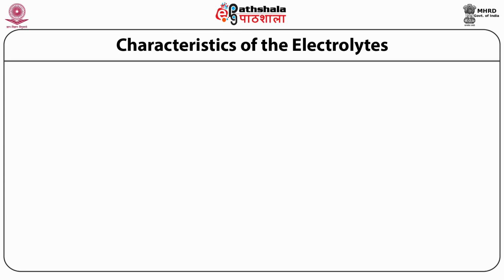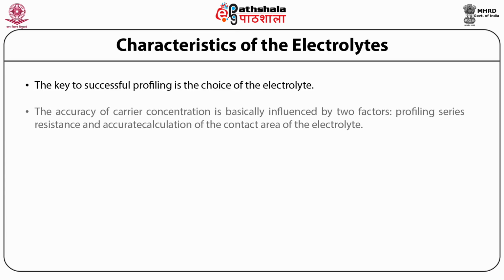Characteristics of electrolytes. Key to the successful profiling is the choice of electrolyte. Accuracy of carrier concentration is basically influenced by factors like profiling, series resistance, and accurate calculation of the contact area of the electrolyte.